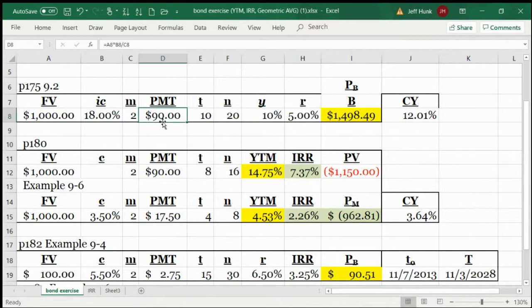So each coupon payment must be $90. Time left to the end of the call protection is 5 years, right? And then currently the comparable bonds are paying 8%, right? Okay. So the periodic rate will be 4%.